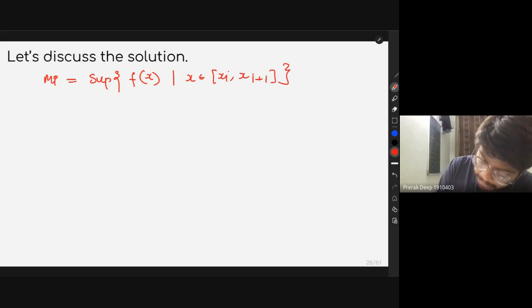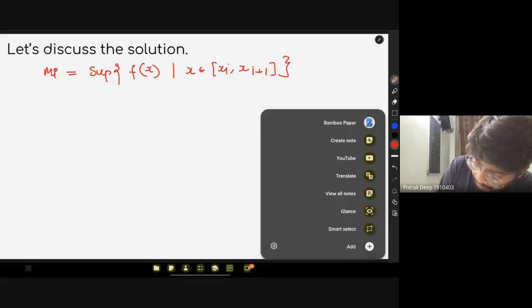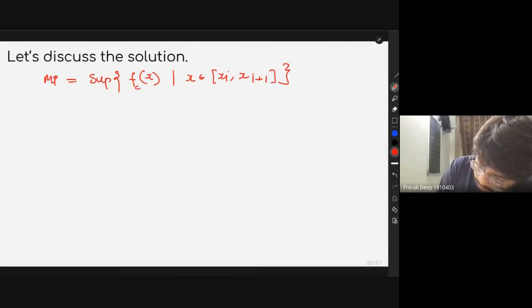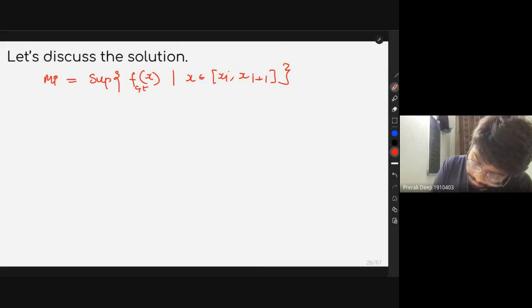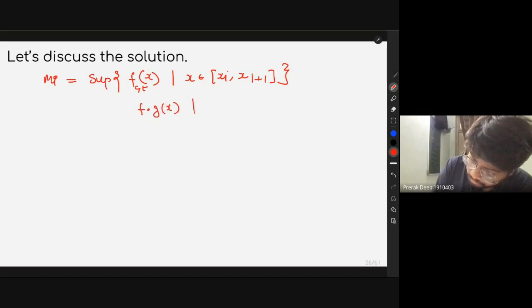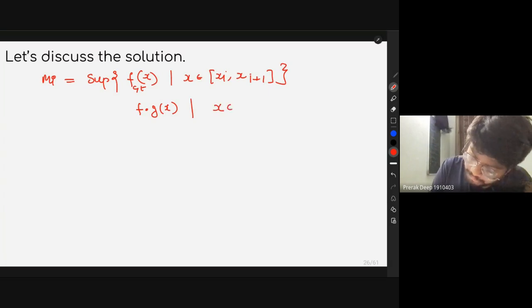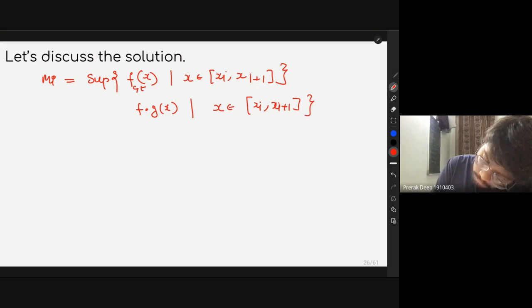Okay, this might be a bit confusing, so let me just say c_t function. And now this c_t function is nothing but f composed with g of x, and this x is in this interval.